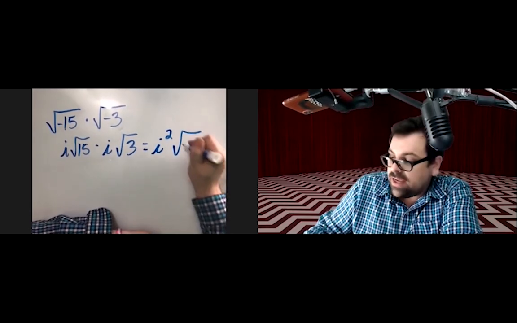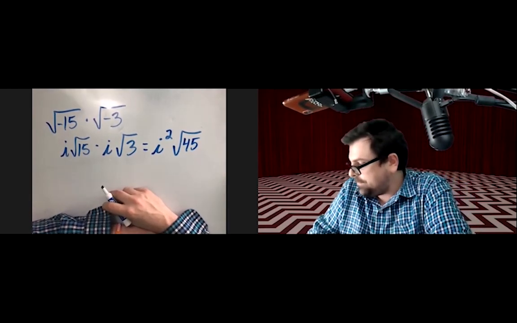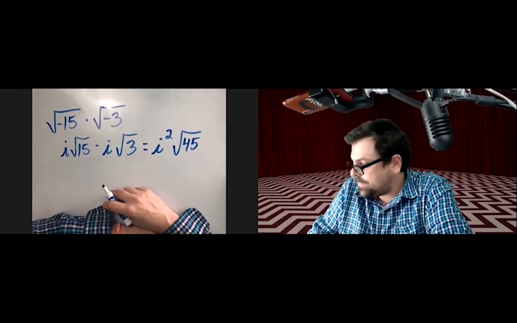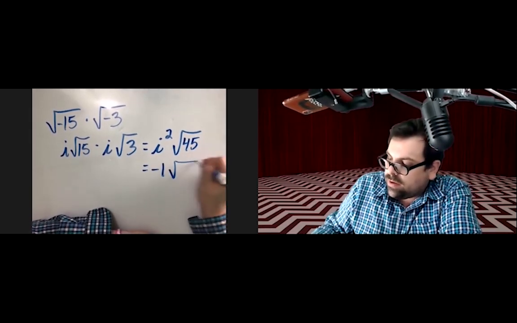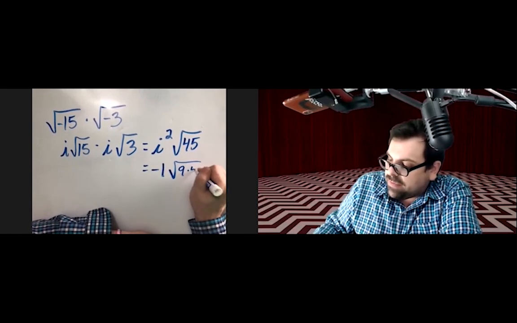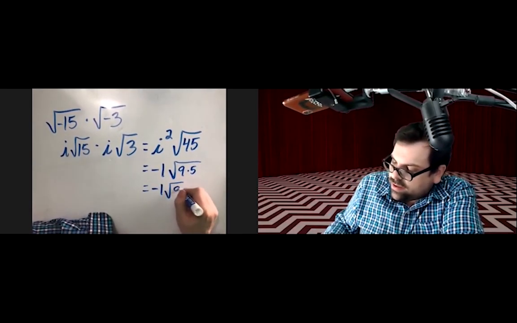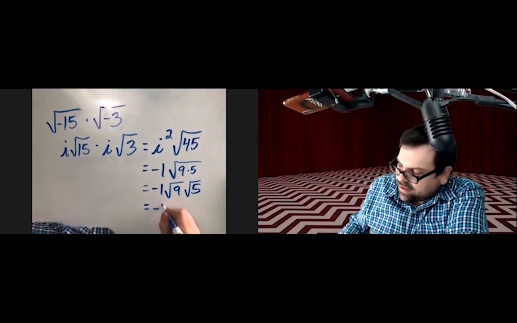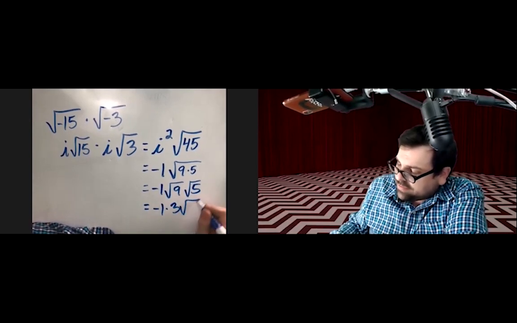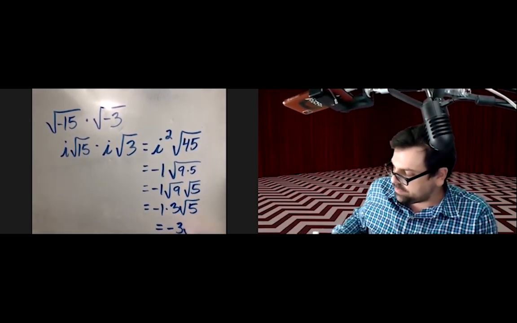Radical 15 times radical 3 would be radical 45. i squared is always negative 1. Radical 45 can be 9 times 5. Negative 1 times radical 9 times radical 5 would be negative 1 times 3 times radical 5, which would be negative 3 radical 5.